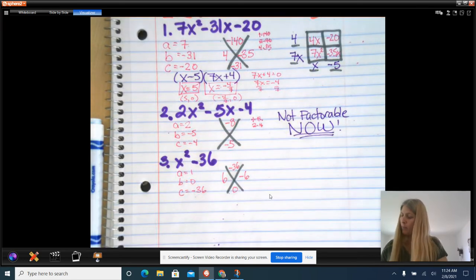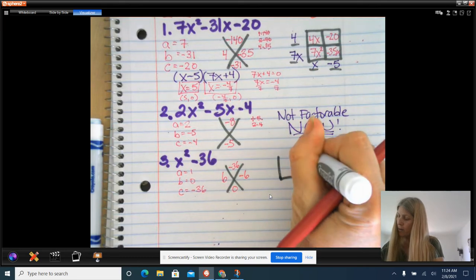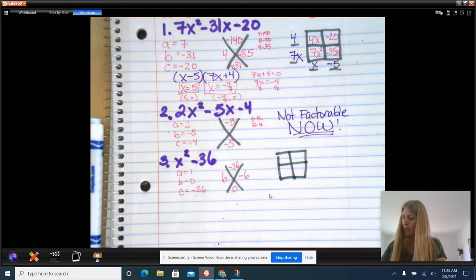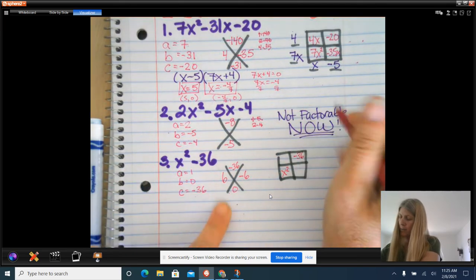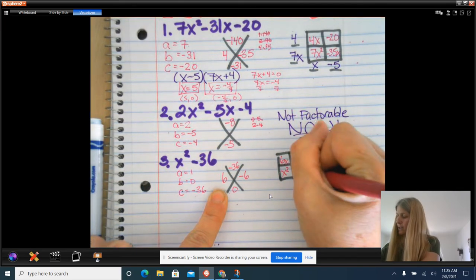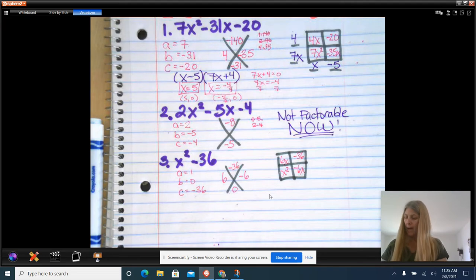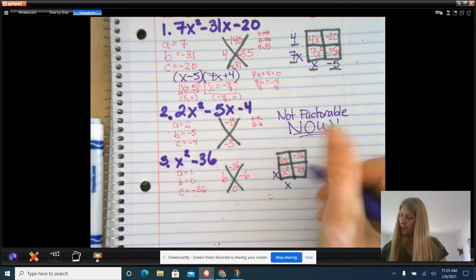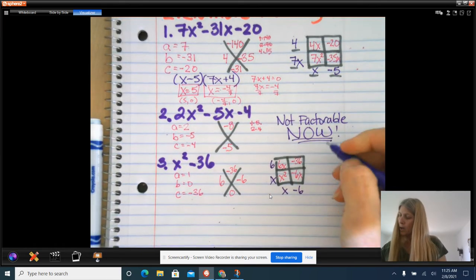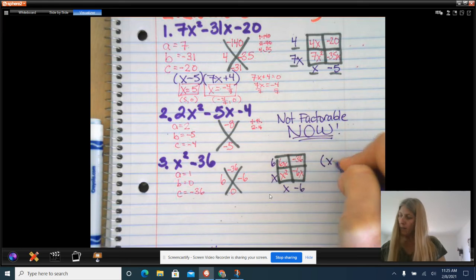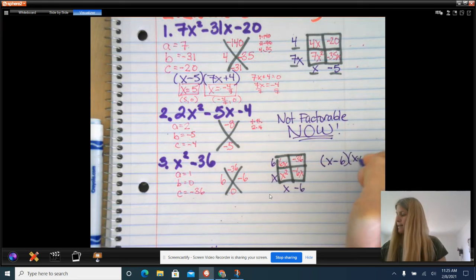And so we go ahead and plug those answers into our generic rectangle. We have an x squared, we have a negative 36, and then we change that into a 6x and a negative 6x. Okay? Then we go ahead and solve. We like when we start with that x squared because we can immediately go x and x. We then have a minus 6, and here we have a positive 6. So our answer is x minus 6 times x plus 6.